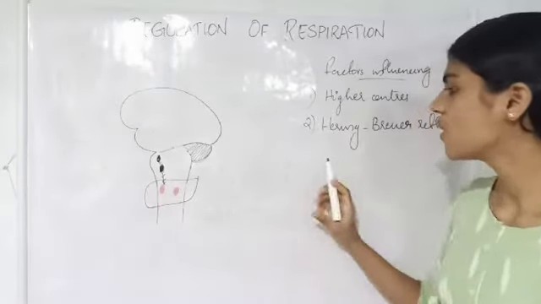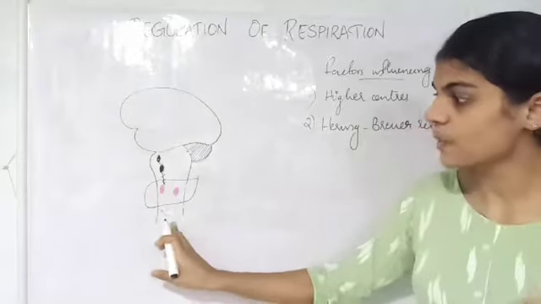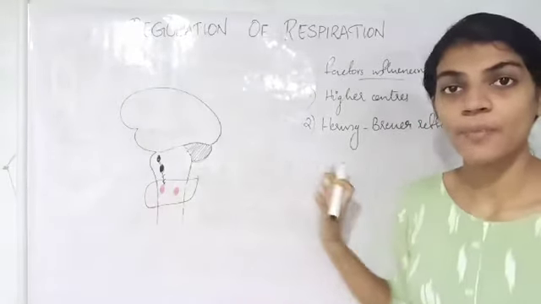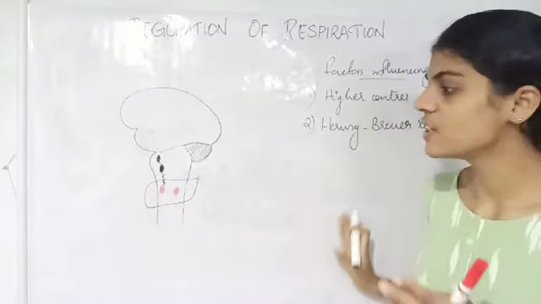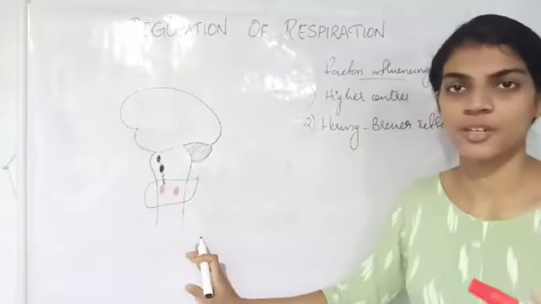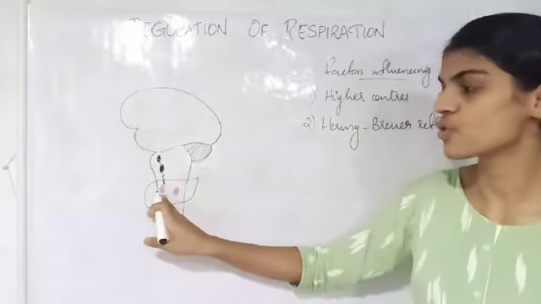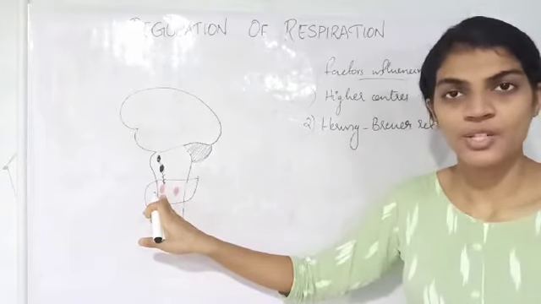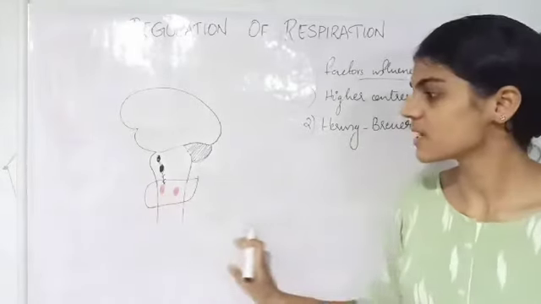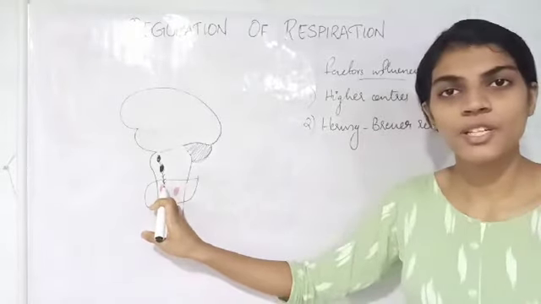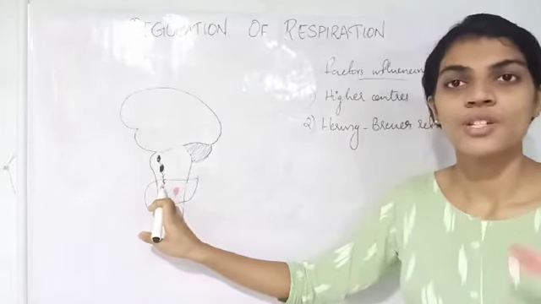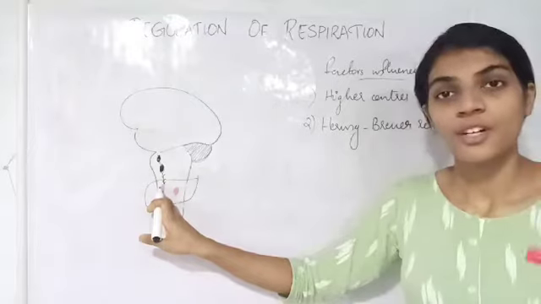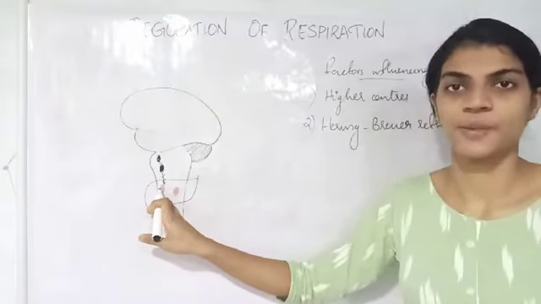So from the stretch receptors of the lungs, the inhibitory signals go to the dorsal respiratory group of neurons. So what does it do? It inhibits. Since these are inhibitory signals, it inhibits the dorsal respiratory group of neurons. So the inspiration will be ceased.